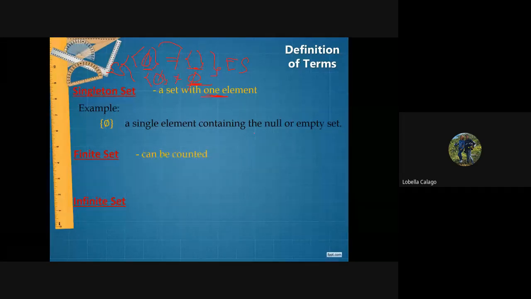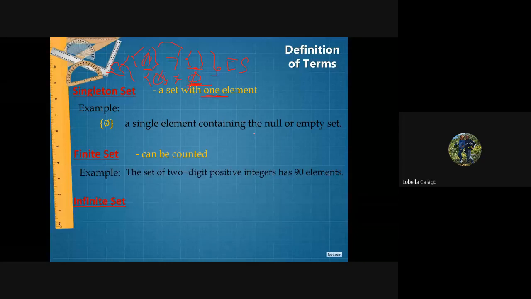So, a finite set can be counted. For example, the set of two-digit positive integers has 90 elements. So, kinount niya na yung two-digit positive integers, may 90 elements. Ma'am, ano yung mga yan? Two digits. So, ibig sabihin, you're going to start with 10, 11, 12, and so on, hanggang 99.